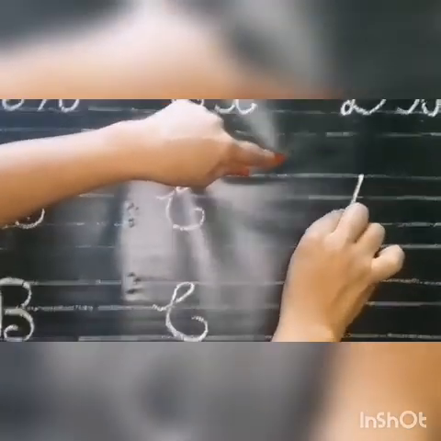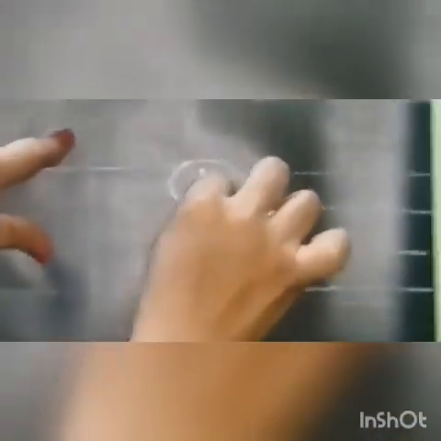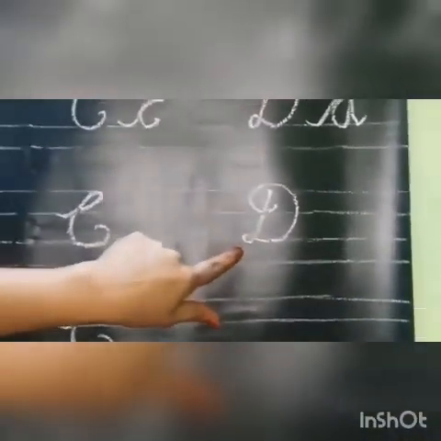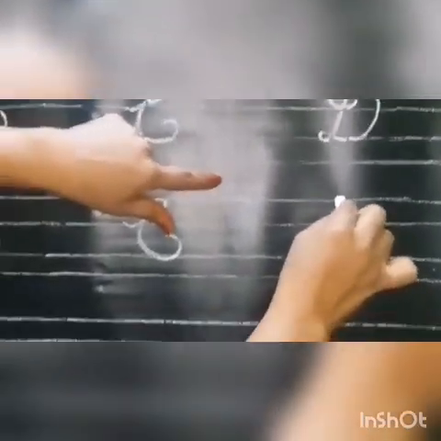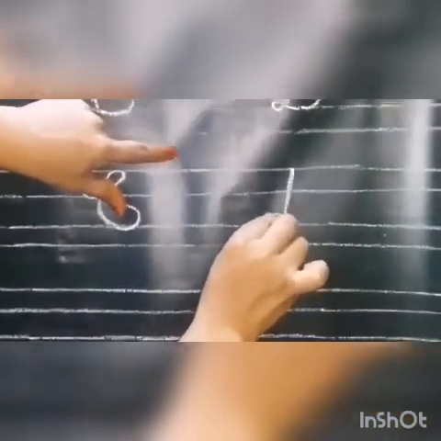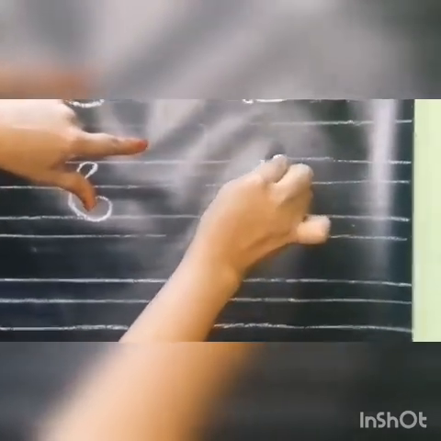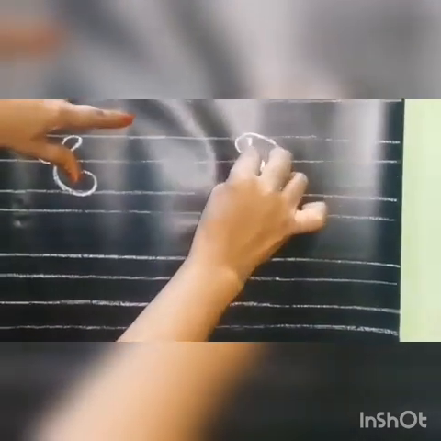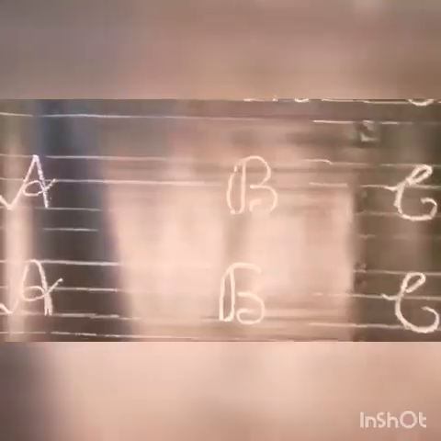Make a small round and make a half circle curve to the first line and we get D. And once again I repeat, the slanting line from the first line to the third line, make a small round and make a half circle curve. Do it this way, we get alphabet D.